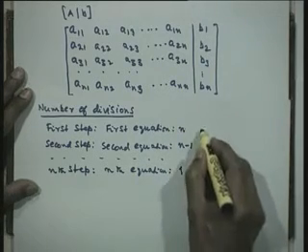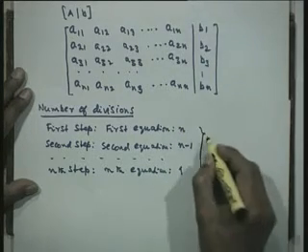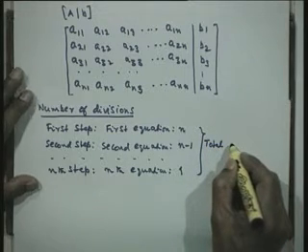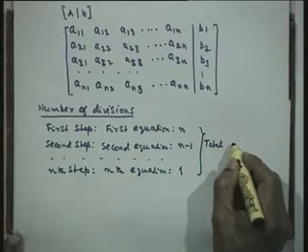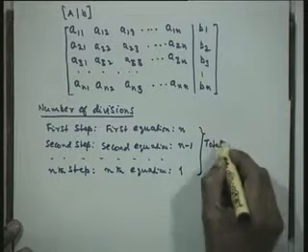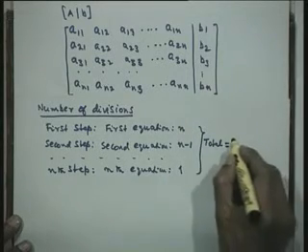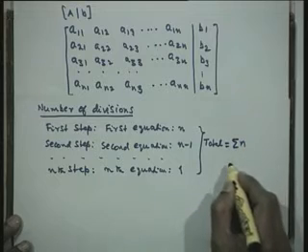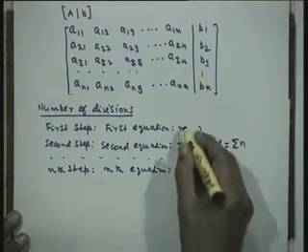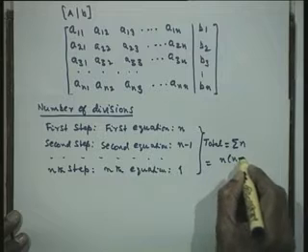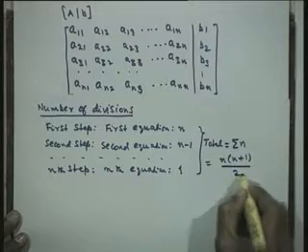Let us write the total: 1 plus 2 plus 3 and so on up to n. That is the summation of n, which is equal to n into n plus 1 by 2.